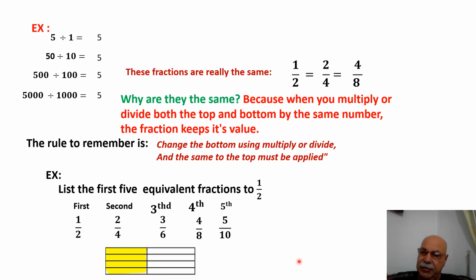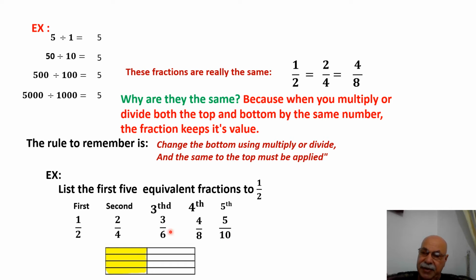This is the denominator. 1 times 2 is 2, 2 times 2 is 4, 3 times 1 is 3, 3 times 2 is 6, 4 times 1 is 4, 4 times 2 is 8, 5 times 1 is 5, 5 times 2 is 10.